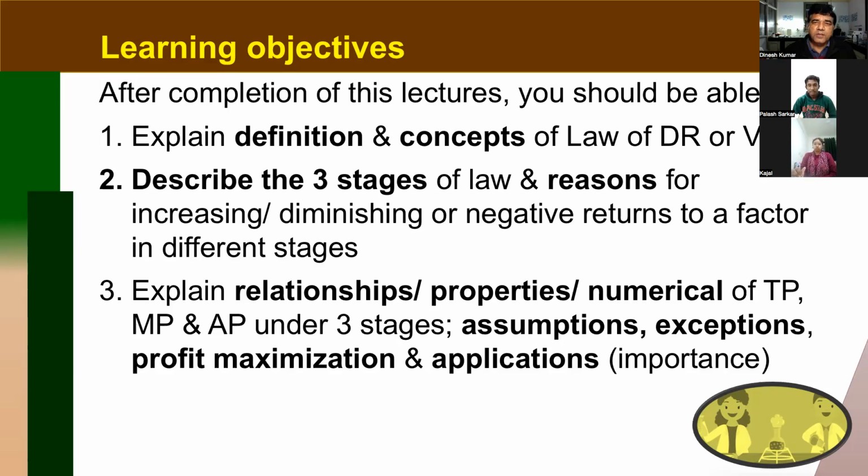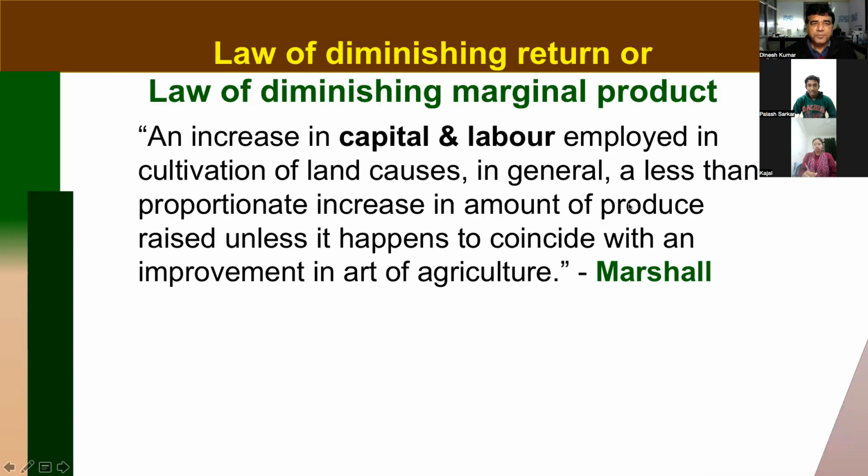And we'll also see what are the assumptions of the law of diminishing return and what are the exceptions to the law, and how to maximize the profit, and what are the areas where this law is more applicable. But definitely, I'm sure that it is the most common law applicable in our agricultural crop production. So this law is very, very important for agronomy students.